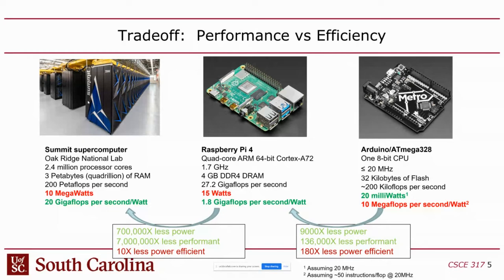It has 3 petabytes of RAM, and it has 200 petaflops, quadrillion flops per second, and it uses 10 megawatts of power, which means it basically needs almost its own dedicated power plant to run. So the Raspberry Pi uses 700,000 times less power than Summit, but it's 7 million times less performant. So it's 10 times less power efficient than the supercomputer, which is strange.